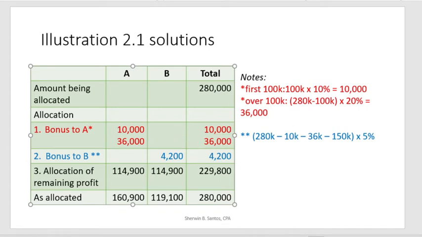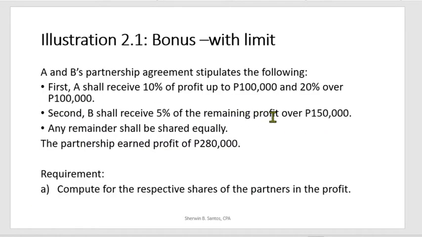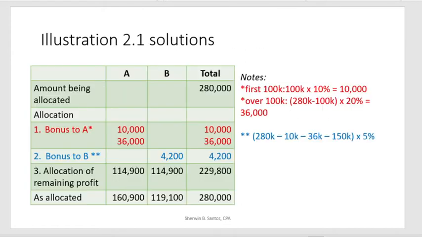Kay B naman, ang sabi, 5% of the remaining profit over 150K. So, 280 yung profit, pero ang remaining na lang ay bawasan mo kasi naibigay mo na kay A yung 10 and 36.